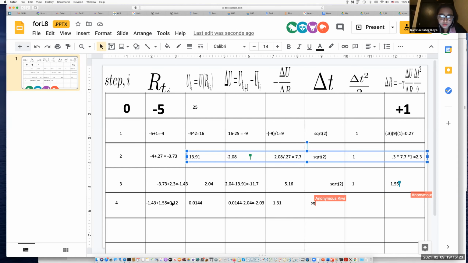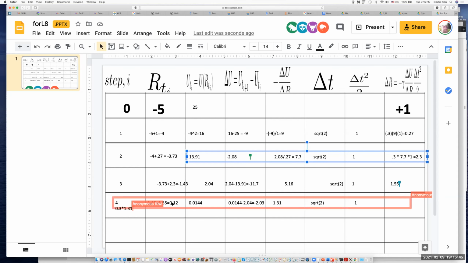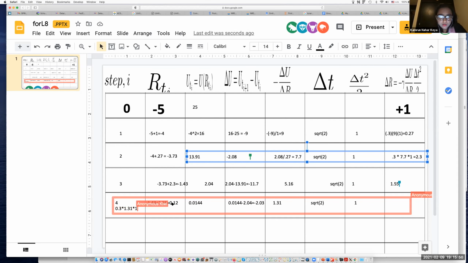Then square and 2. Then S1. Then there it's 0.3 into 1.31 into 1. Oh, I can understand. 1.31 into 0.39.